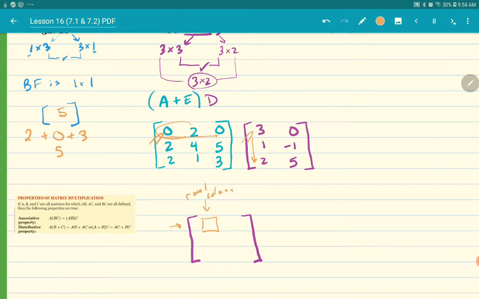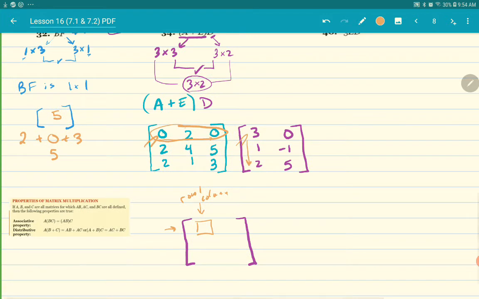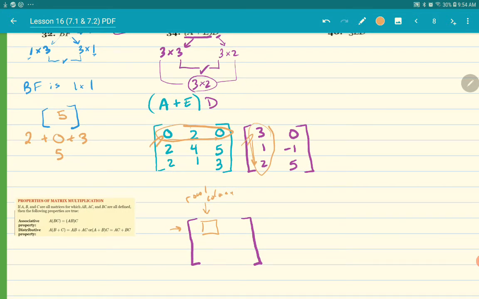So I look at row 1 of this matrix and column 1 of this matrix and add up the sum of the products. So that's 0 times 3 plus 2 times 1 plus 0 times 2. And I get 0 plus 2 plus 0, which gives me a 2.